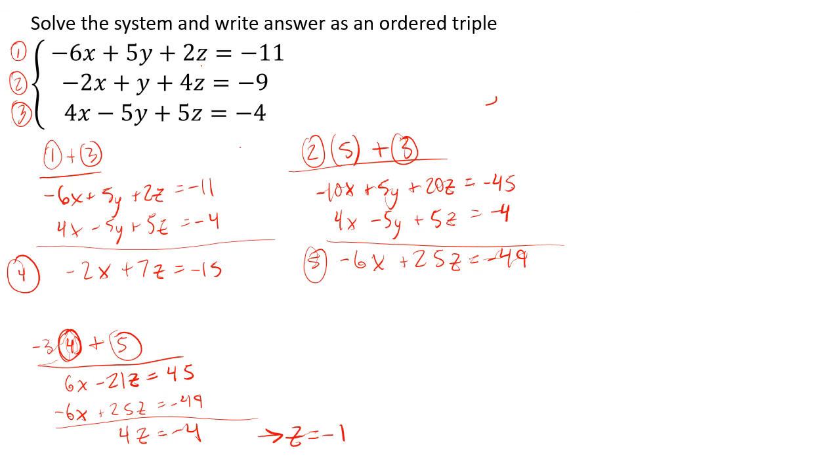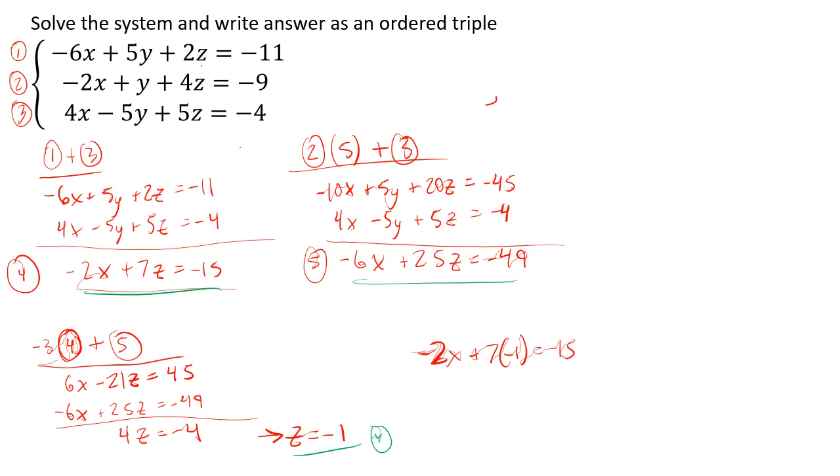Now, that's mostly the entire problem, because at this point, either of these two equations just talk about two variables, and if we have one of them, we can find the other. So we can find x right away. Let's plug this back into equation 4. When we do that, we'll find negative 2x plus 7 times negative 1 is equal to negative 15.